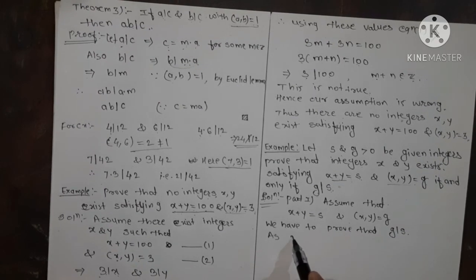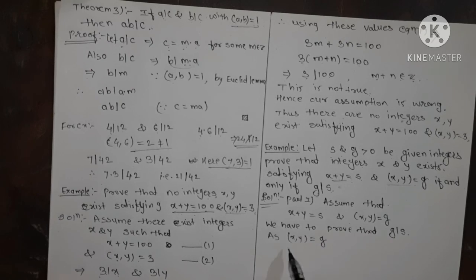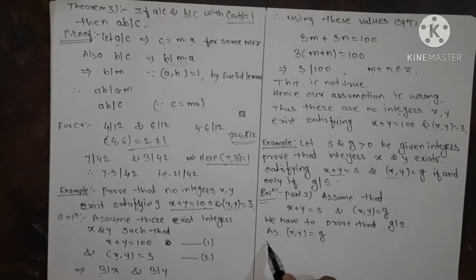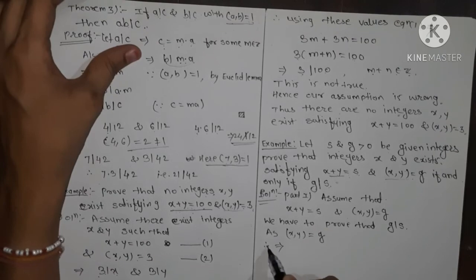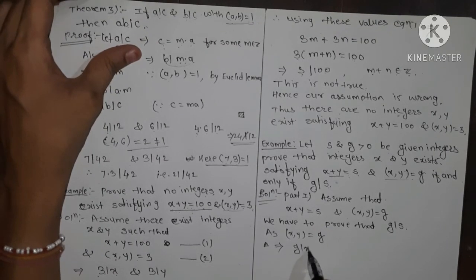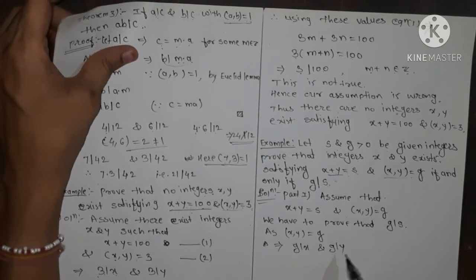As the GCD of x comma y equals g, this implies g divides x and g divides y.